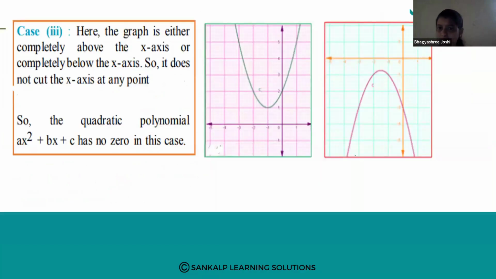Case 3, innondu tara graph baruttae. Hege? Here the graph is either completely above the x-axis or completely below the x-axis. Alli x-axis annu touch madittu, illi completely above the x-axis, or completely below the x-axis, so it does not cut the x-axis at any point, therefore it has no zeros.